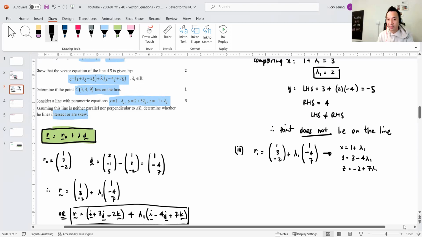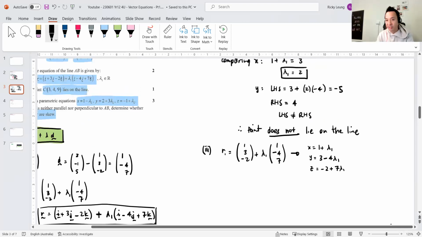And they're basically saying compare that or solve that simultaneously with this series of parametric equations. So y equals 2 plus 3 lambda 2, and z equals minus 1 plus lambda 2, right? So we solve that simultaneously.